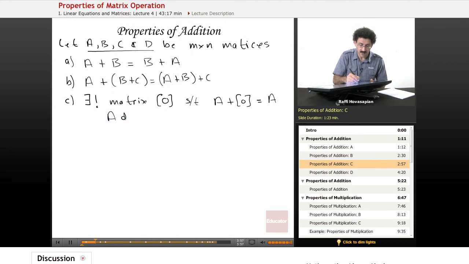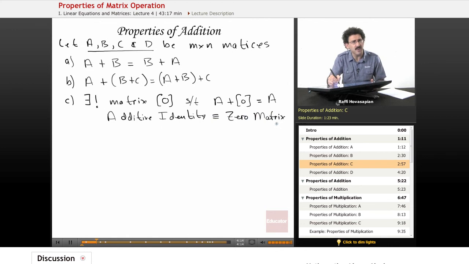So it is called additive identity. Or more formally, with these 3 lines here meaning it is equivalent to, we just call it the 0 matrix. I'll more often be referring to it as just the 0 matrix instead of the additive identity.